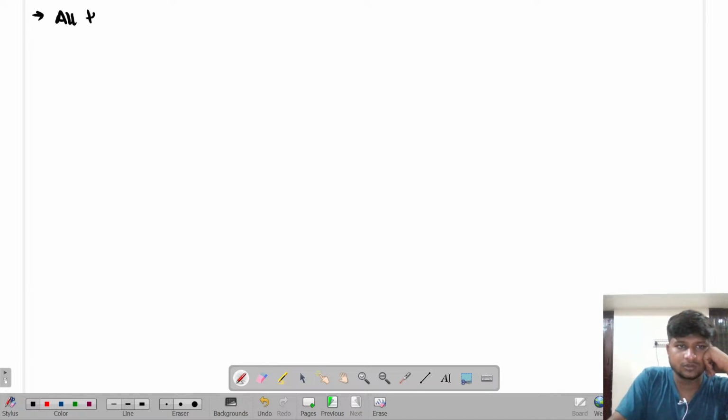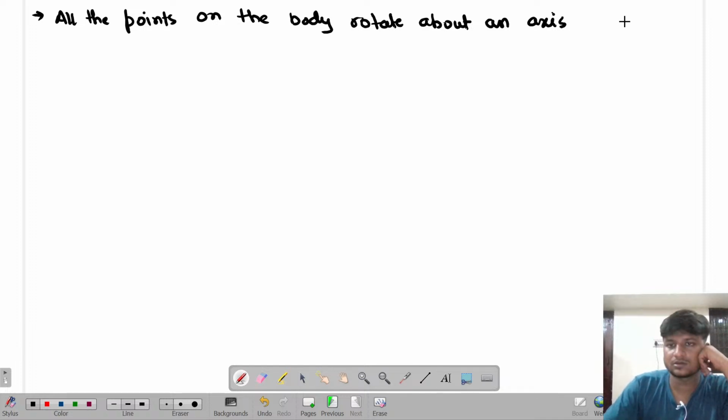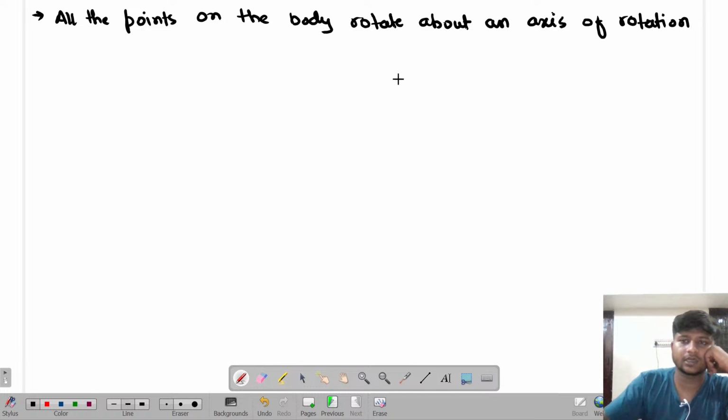It says that all the points on the body rotate about an axis of rotation, and we call it AOR. Learn these names. These names are going to be very, very useful. So the first name I give is AOR.